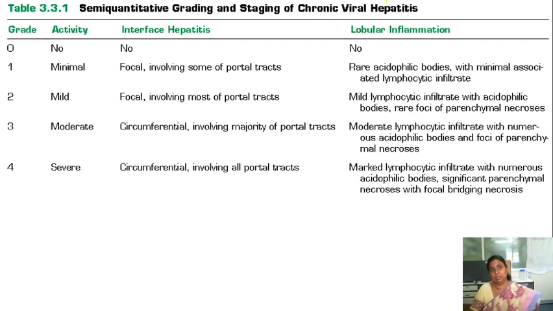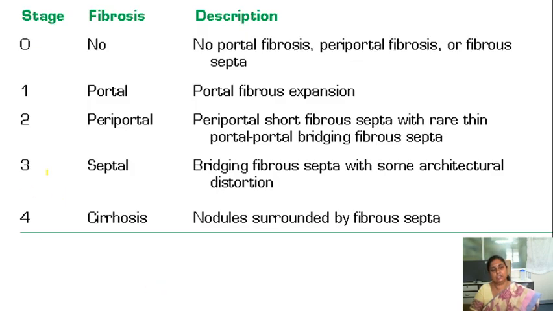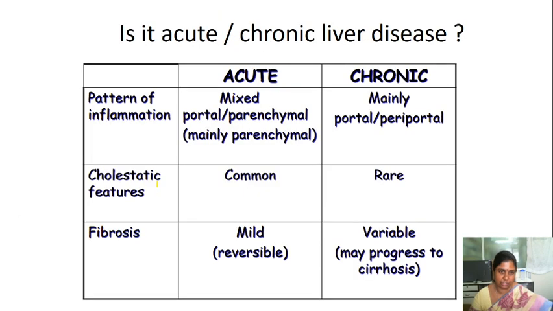This is the activity, right? So whenever this activity is more, you call it chronic active hepatitis, and this is the stage where it tells you how much percentage of cirrhosis is present in these patients. Okay.